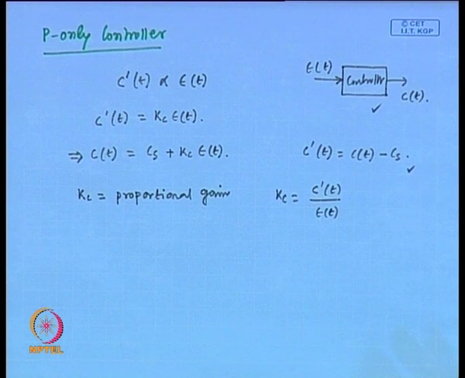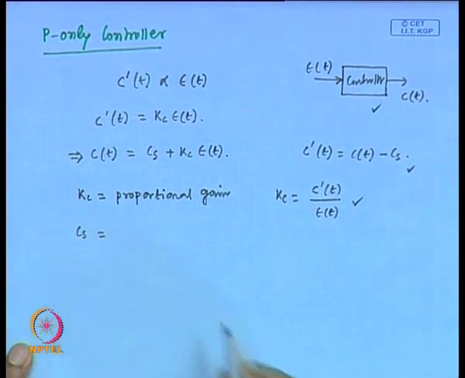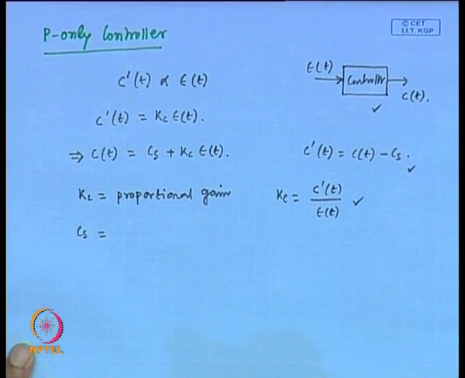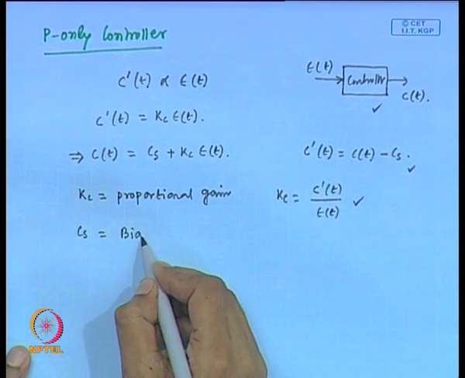I have mentioned earlier that gain is the change in output per unit change in input. It is obvious from this correlation. So, we can say K C is the proportional gain. Now, what is C s? C s is the bias signal, controller's bias signal.